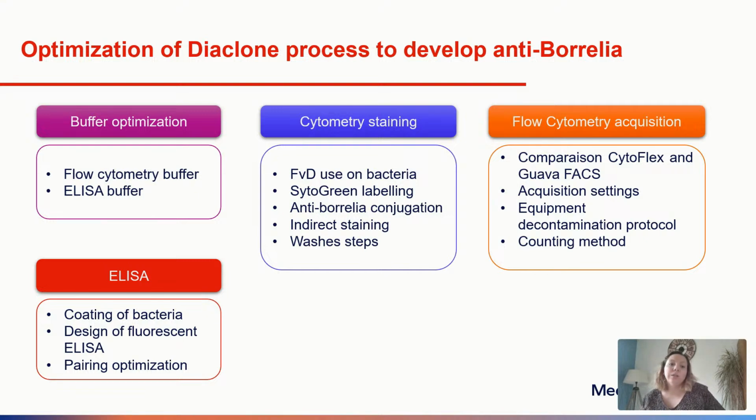And we are currently developing a technique for counting Borrelia using flow cytometry without labeling. For ELISA screening, our protocol had to be adapted to identify the ideal coating to characterize this bacteria and develop antibody pairs to identify Borrelia burgdorferi.